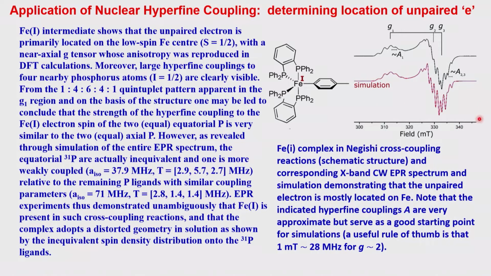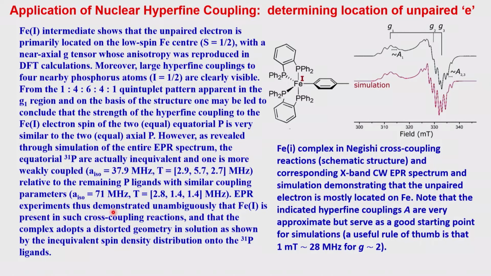So this is your simulated spectrum, this is your original one. Now, what additional thing you can see here is, if you look at each of these, you have the axial and the equatorial, and there is some level of coupling constant difference.